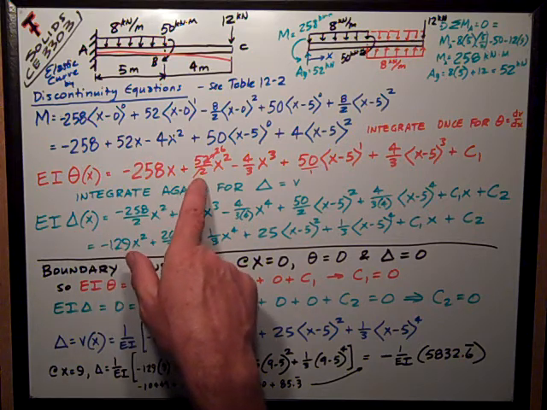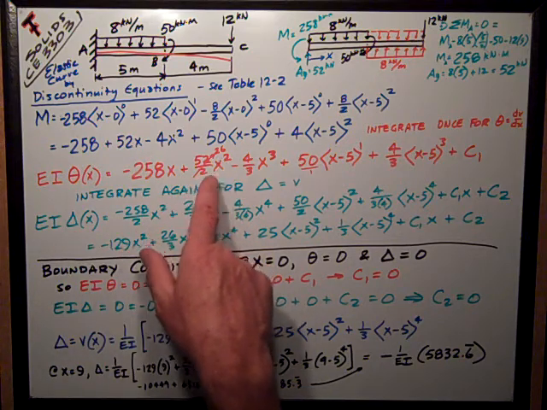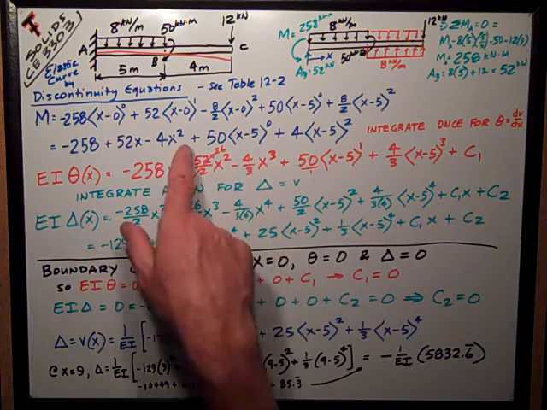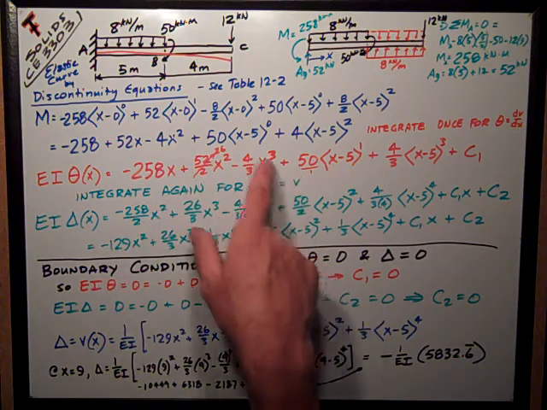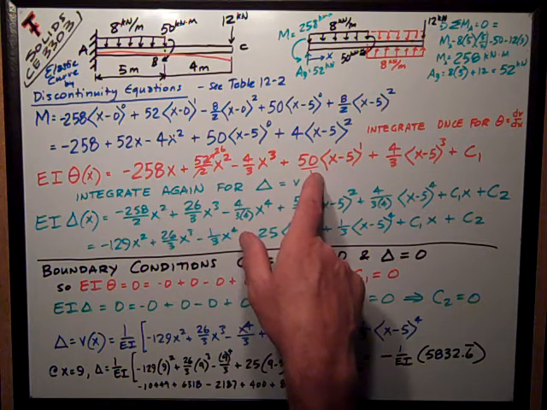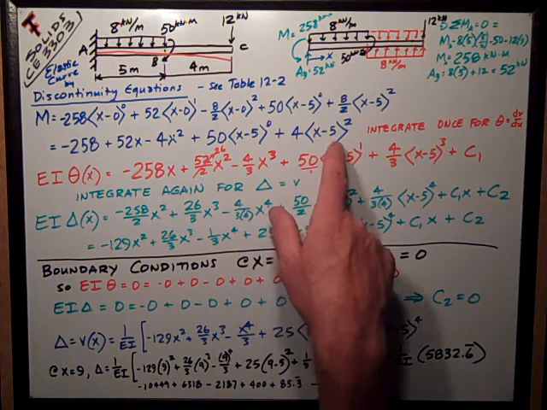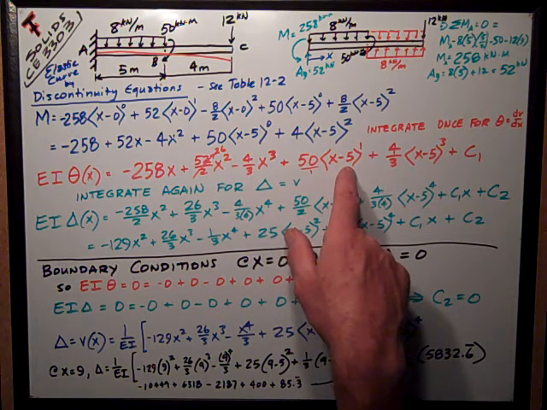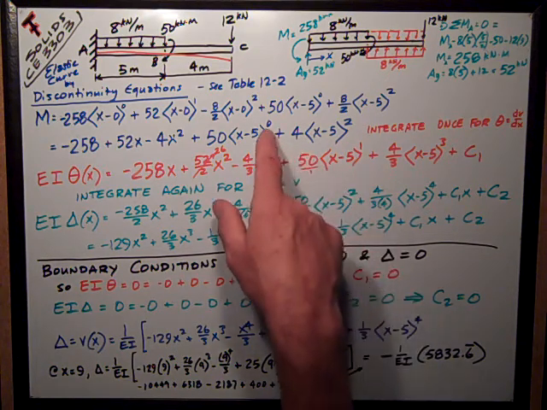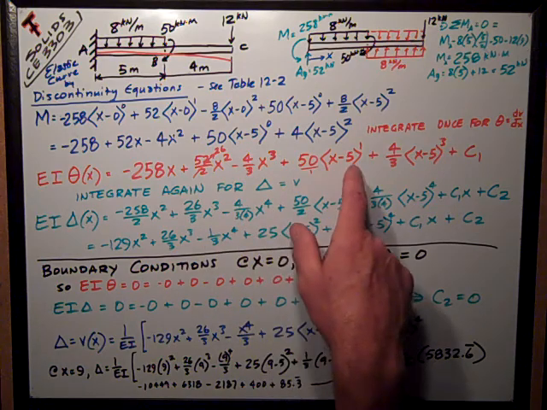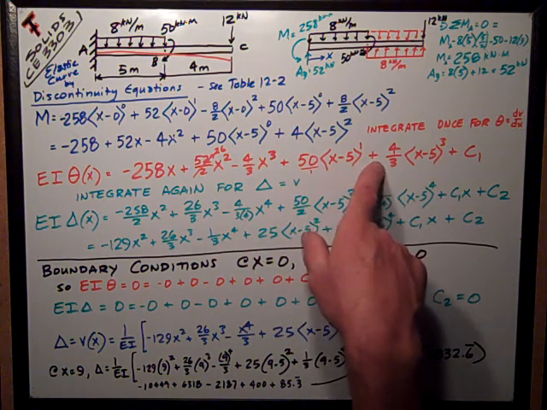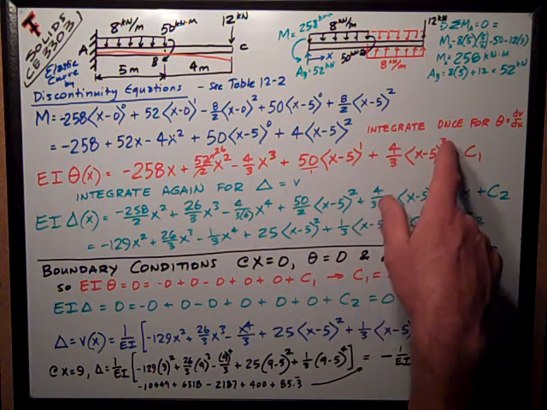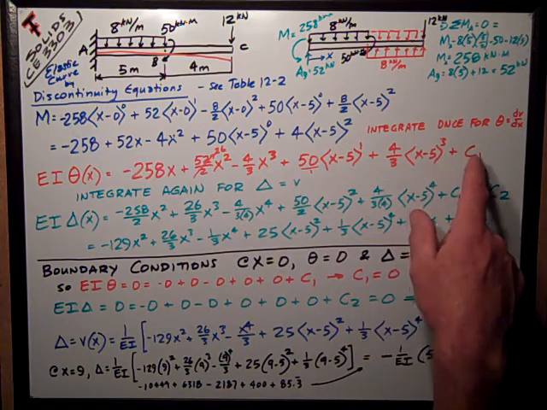I get 52 over 2 x squared, 4 over 3 x cubed for this expression, plus 50 over 1 x bracketed x minus 5 to the first power. I've just integrated that by 1. Similarly, integrate this once, I get 4/3 bracket x minus 5 to the third power, and then I get a constant of integration.